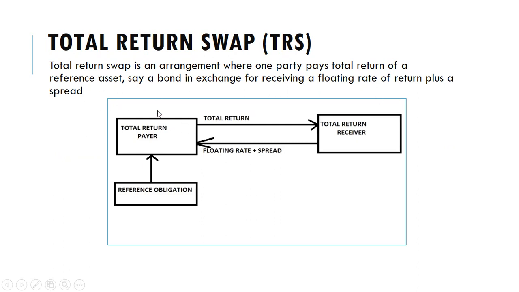So consider this in the case of a bond. If you have a bond, you know that you will get coupon payments, which are fixed. So as a total return payer, you will make some fixed payments, which is the total return, but you will receive the floating payments plus the spread.